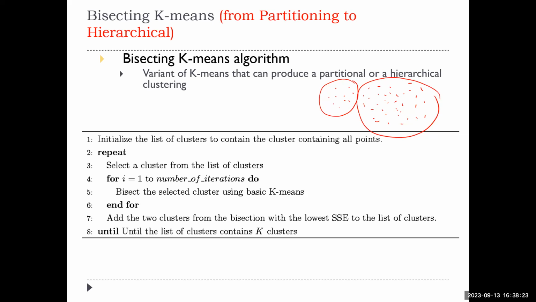Okay, visually it's the larger cluster, but quantitatively it's the cluster which has the highest sum of squared errors. You apply again k-means only on that cluster with k is equal to 2. Okay. So what I do is, for this cluster you see here, I apply k is equal to 2. I get this one.